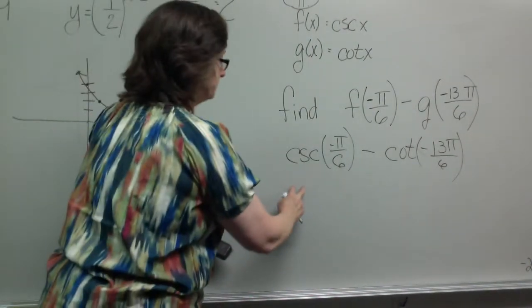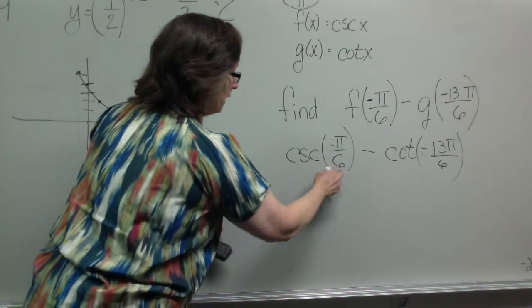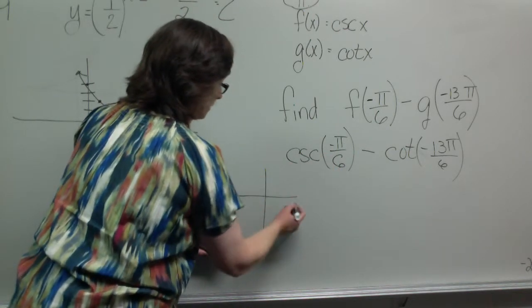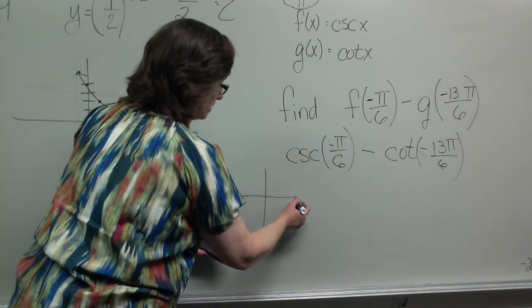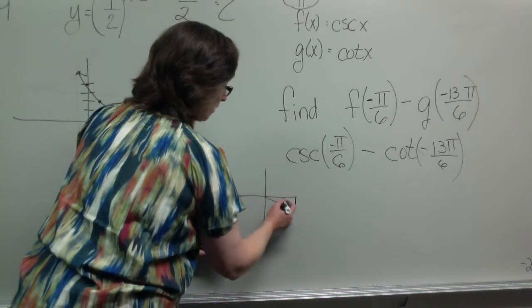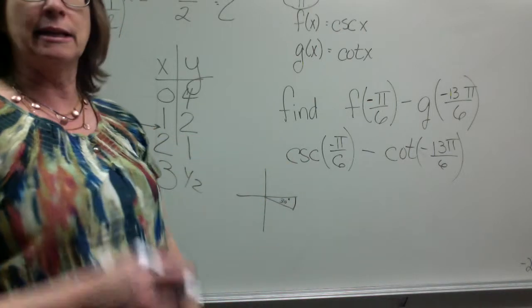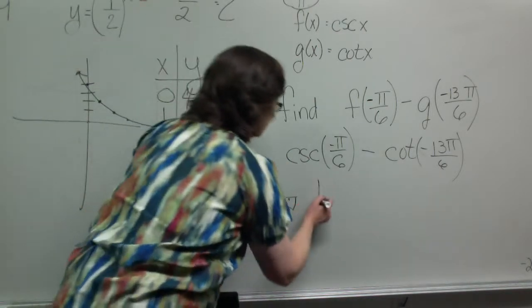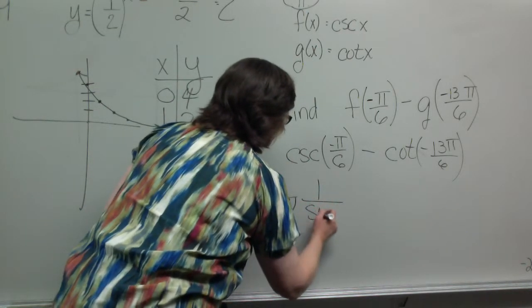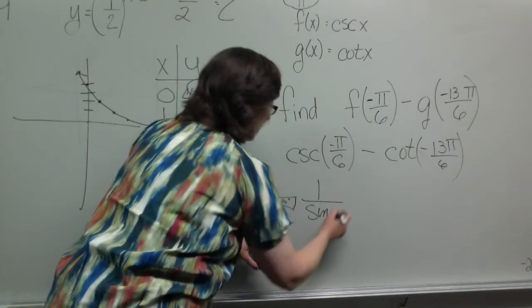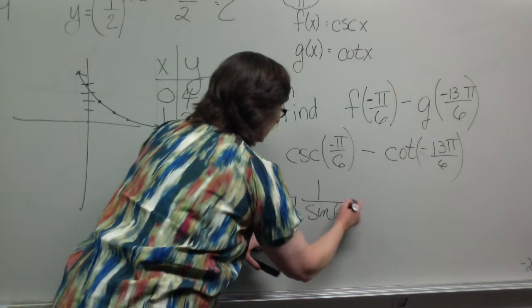So now I'm going to look at this one, and I'm going to say, okay, where is negative pi over 6? Remember, negative angles go this way. The pi over 6 is a 30, so I'm just talking about a 30 down. And the cosecant is 1 over the sine. 1 over the sine of a negative 30.